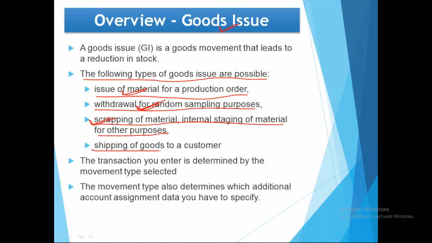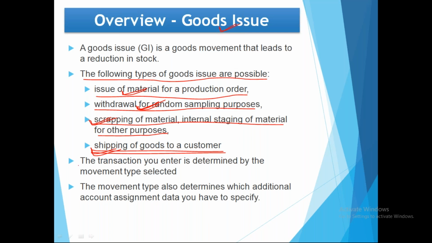And shipping of goods to a customer. So we have manufactured a product, and we will issue the product to the customer. That is called goods issue to the customer.